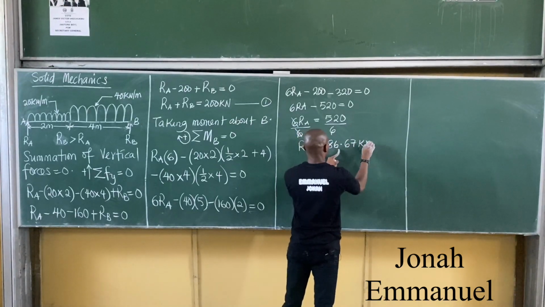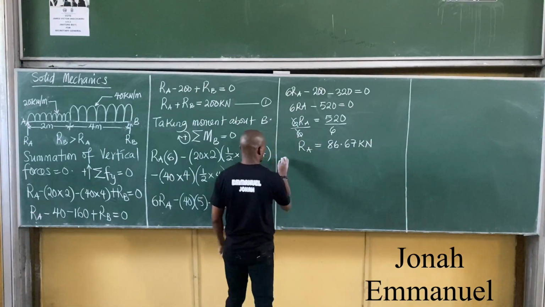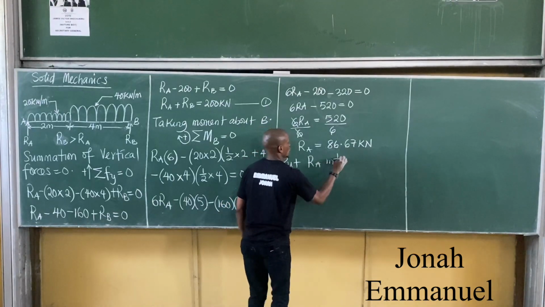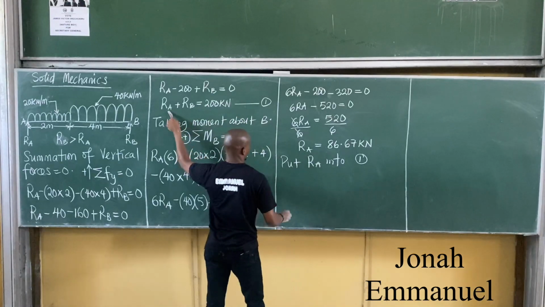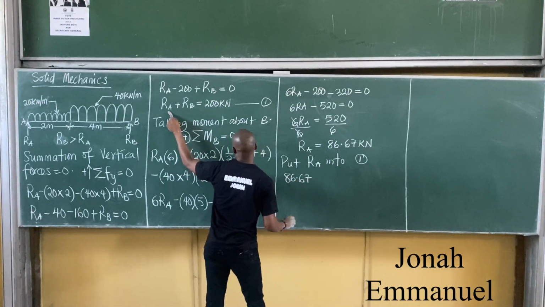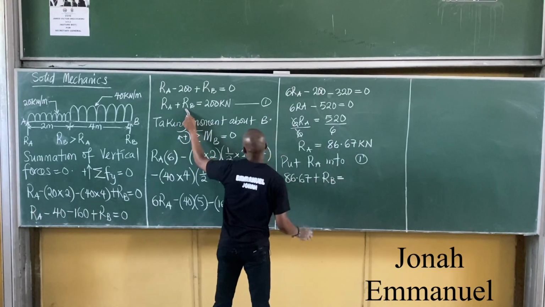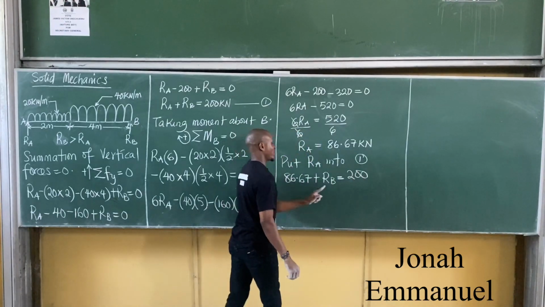86.67 kilonewton. So put the value of RA into equation 1. From 1 here, I have RA, whose value is 86.67. RA plus RB is equal to 200. Bring this here.